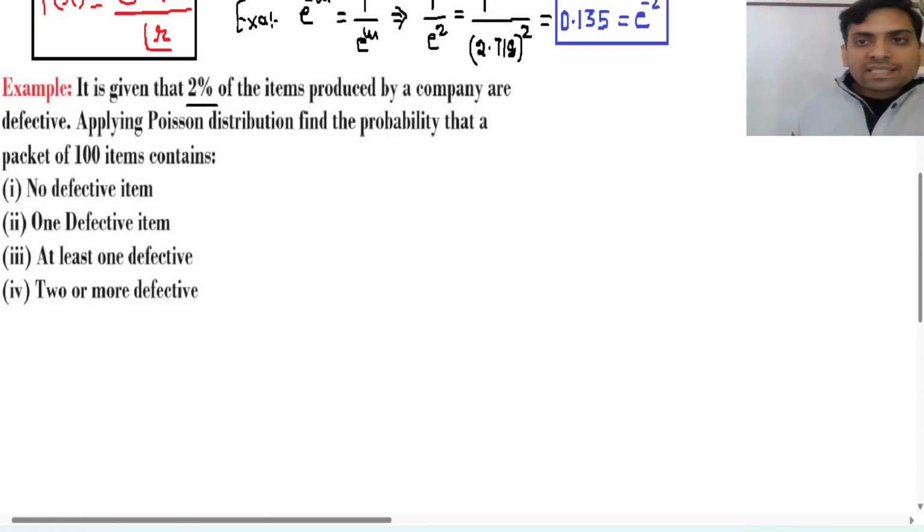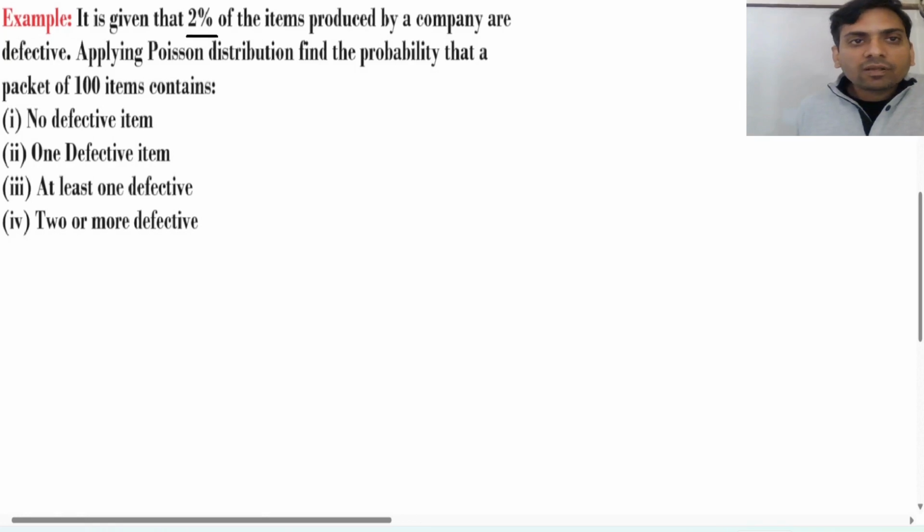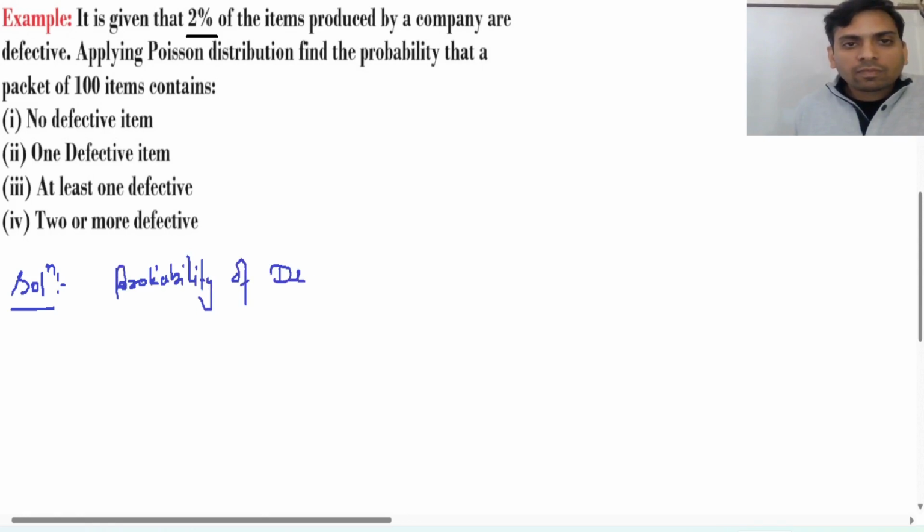So this 2% is the probability of defect. In the solution, we will first write: probability of defect is 2%, and you can write this 2% as 0.02.